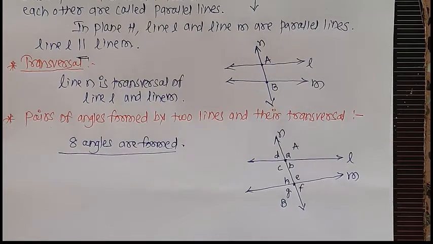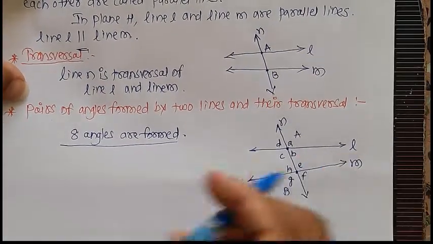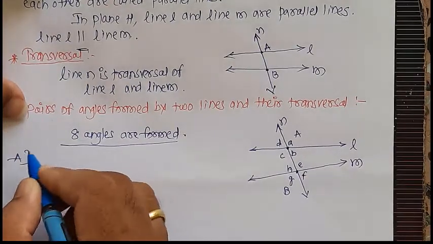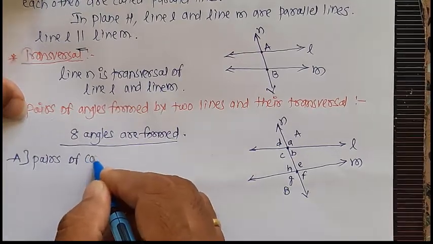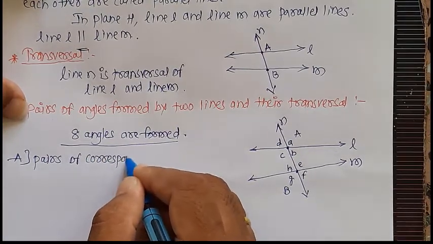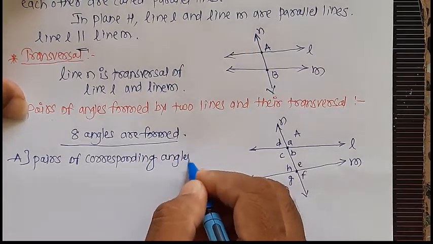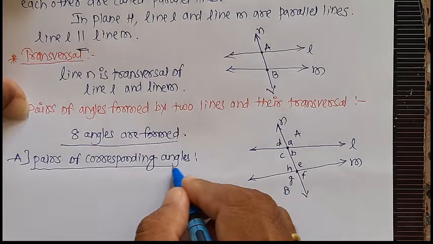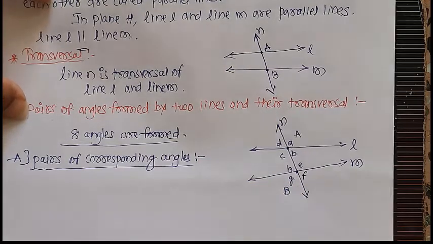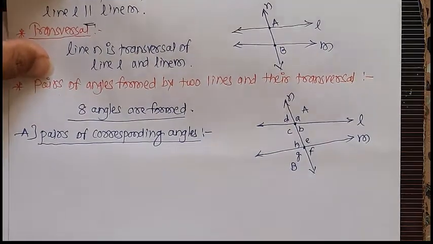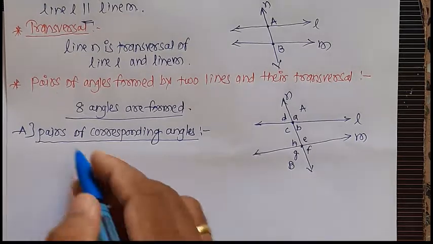First, we write A: pairs of corresponding angles, sangat kon, the pairs of corresponding angles. If you see the figure, there are 4 pairs of corresponding angles.